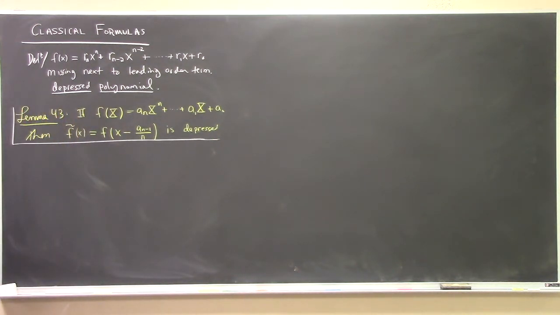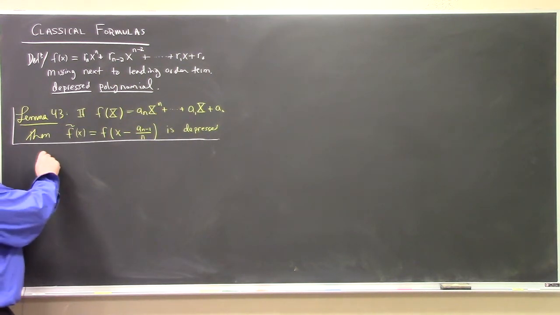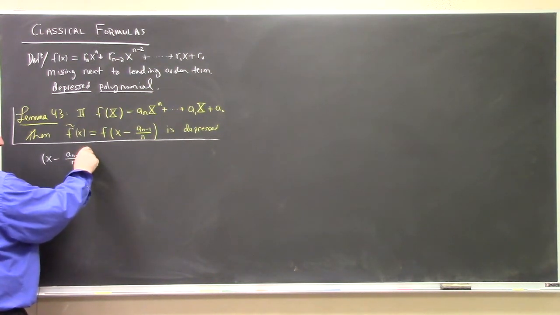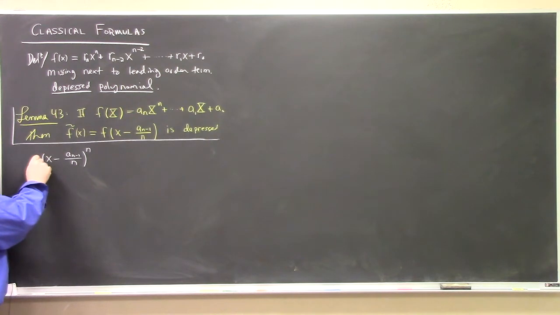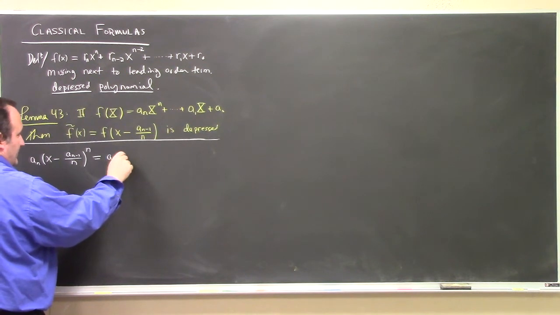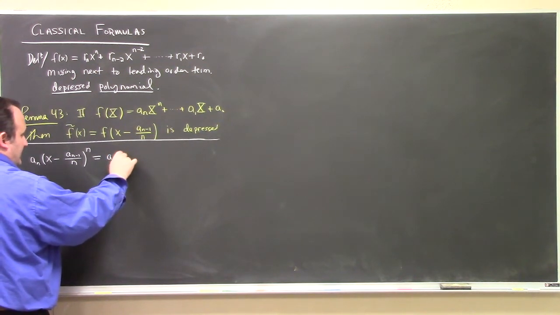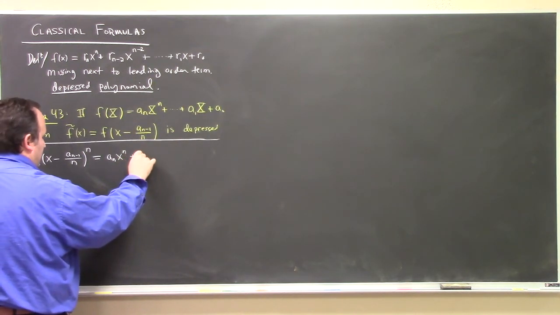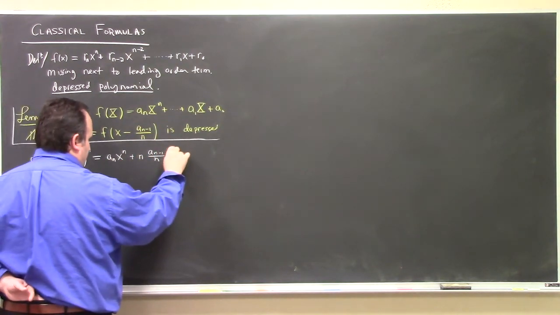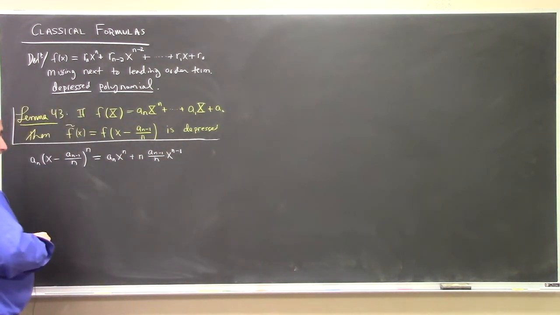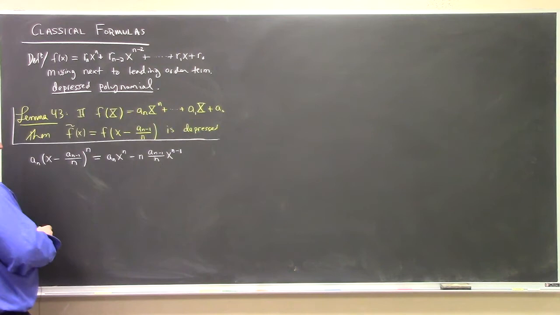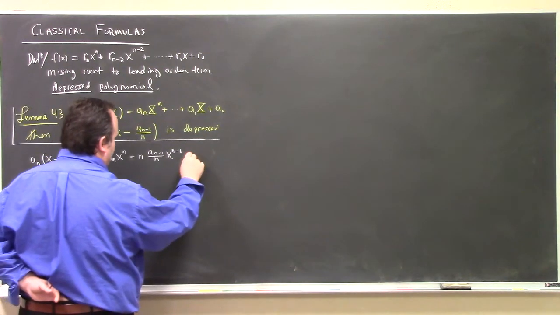So you can kind of see the way that works by just looking at what x minus a_{n-1} over n to the n power is. So you have a_n x to the n plus n times minus a_{n-1} over n, x to the n minus 1, plus stuff I don't care about.